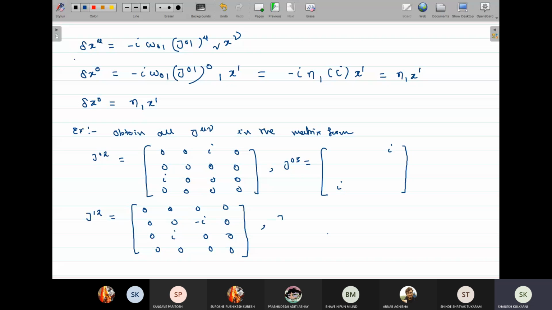And then J13 will be 0 everywhere except these entries, minus I here and I here. Except that, everywhere it is 0.